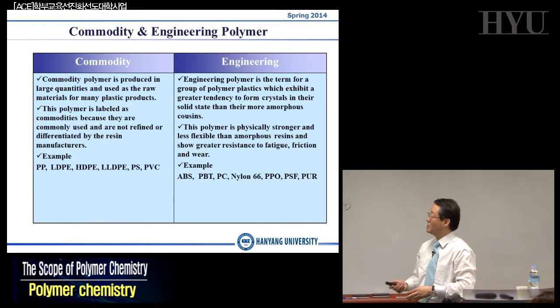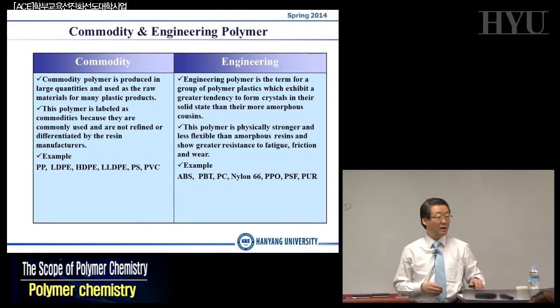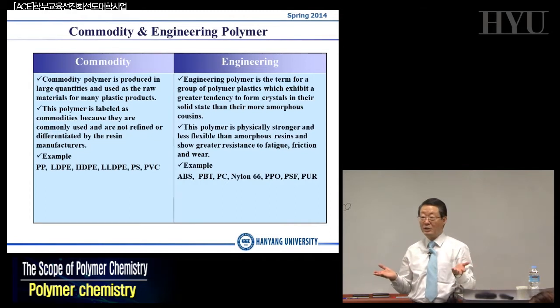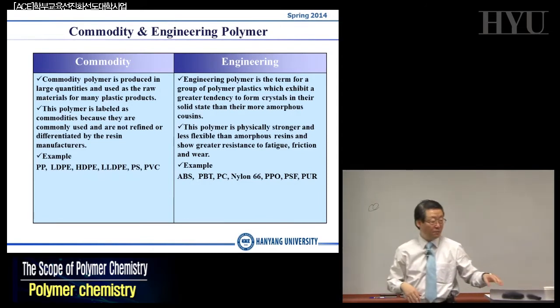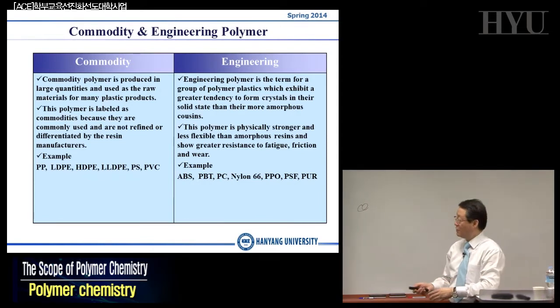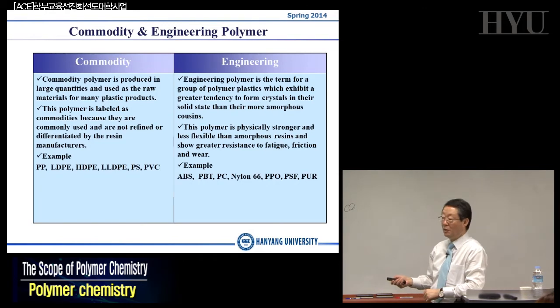The commodity plastics are the ones that we have just talked about: PP, polypropylene, polyethylene. Polyethylene has a high-density polyethylene and a low-density polyethylene. High-density polyethylene is called HDPE, and low-density polyethylene is called LDPE. We can talk more about this in a little bit.